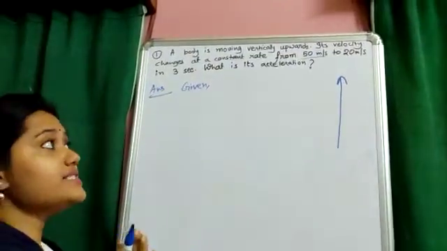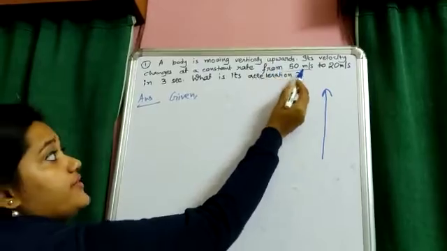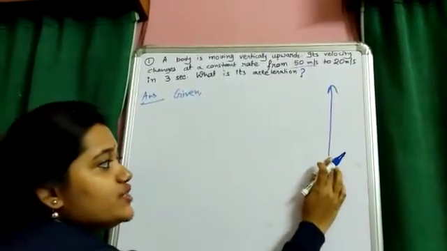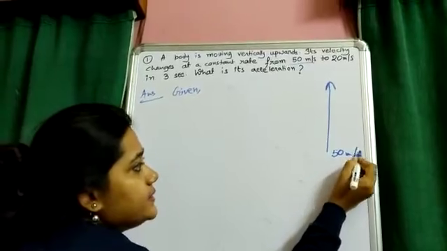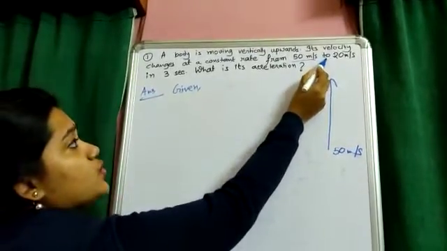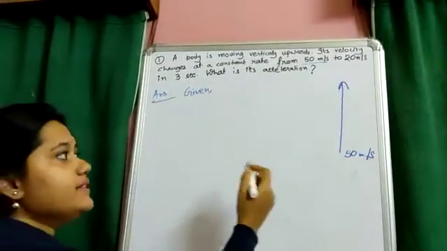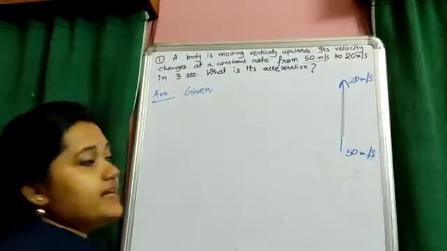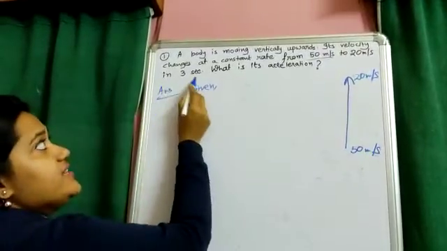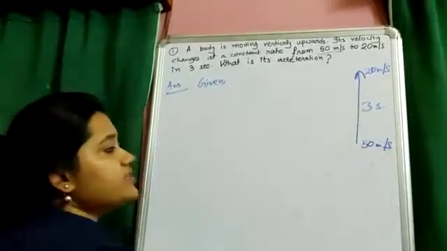So initially the velocity was 50 meter per second, and to 20 meter per second, that is, finally the velocity reaches 20 meter per second in 3 seconds. This time taken is 3 seconds.